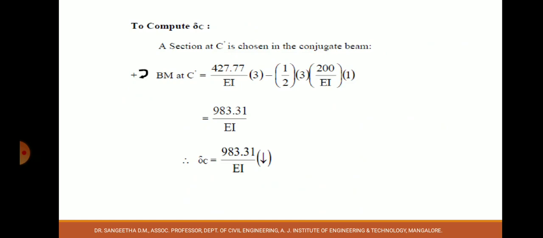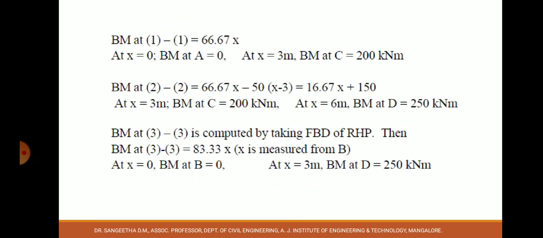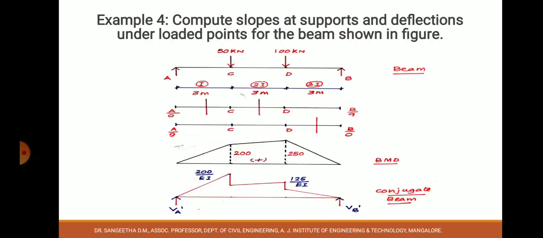Moving ahead, deflection at C. Deflection at C is evaluated as the bending moment at point C. So for the bending moment at point C, either you can consider the left hand or right hand portion of the conjugate beam. So at point C, you can consider the left hand portion.